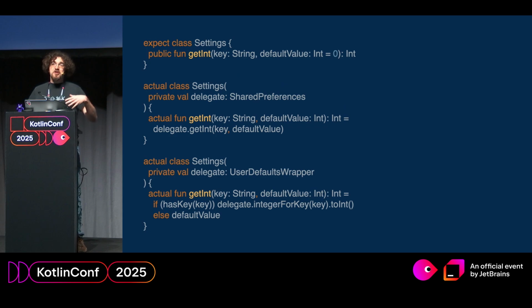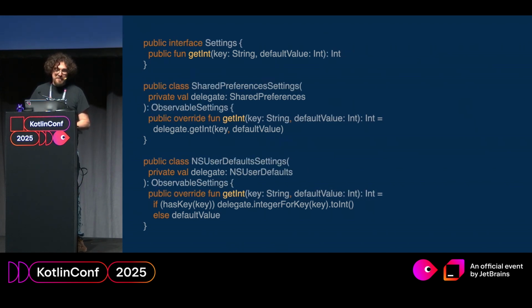The first thing anyone wants to do when they try out multi-platform for the first time is everything should be expect/actual, right? It's the new tool. But it ends up making things a little bit difficult. It's hard to test code that's using expect classes because you can't substitute out a fake implementation. It gets a lot easier when you just go back to traditional interfaces.